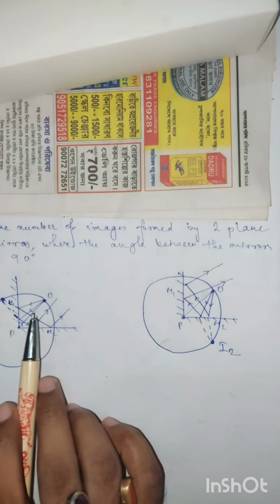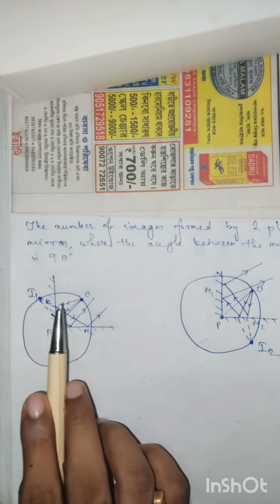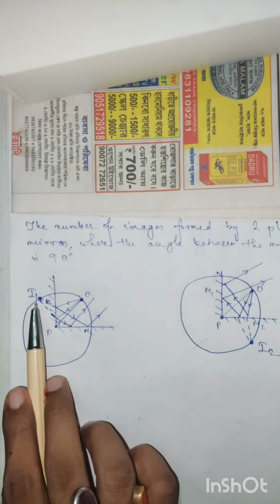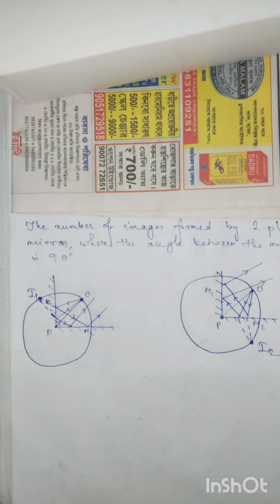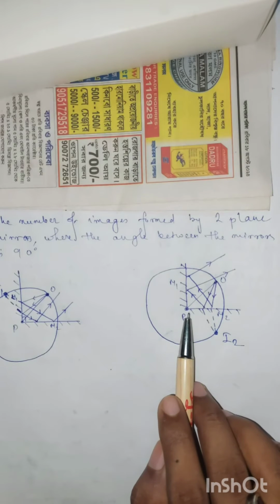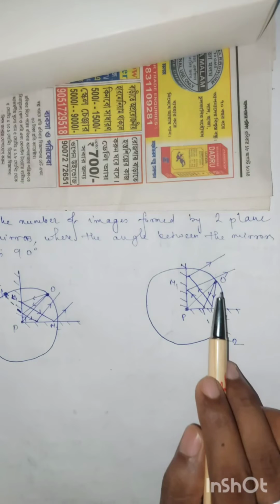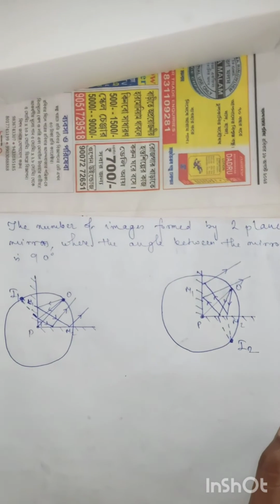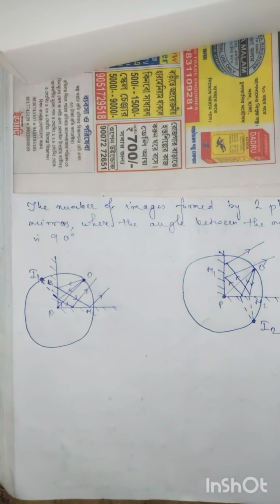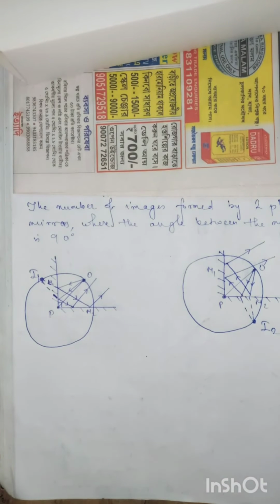So by mirror 1, the direct image of point O is I1, and by mirror 2, the direct image of point O is I2. Now, okay, so I1 and I2 are formed.